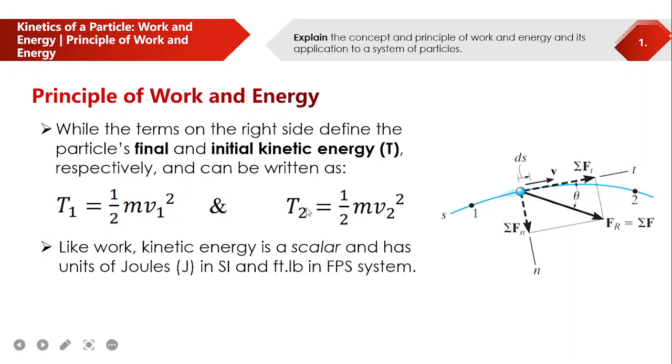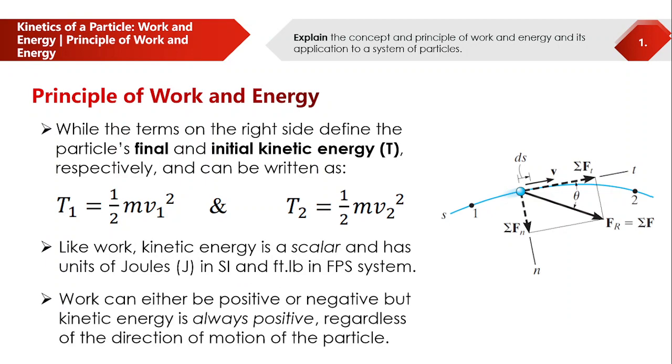Like work, kinetic energy is a scalar and has units of joules in SI and foot-pound in the FPS system. Kaya lang, work can either be positive or negative, but kinetic energy is always positive regardless of the direction of the motion of the particle because squared palagi yung velocity dito.